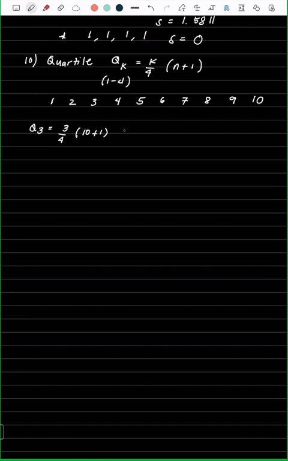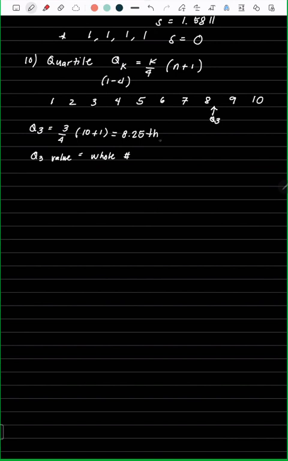Since this is Q3, following the formula above, that would be 3 over 4 multiplied by 10 plus 1. Why is it 10 plus 1? It's because we have 10 values. And the answer here would be 8.25. What is this value 8.25? The value 8.25 would be where you can find your Q3. So where can I find my Q3? It would be around here.